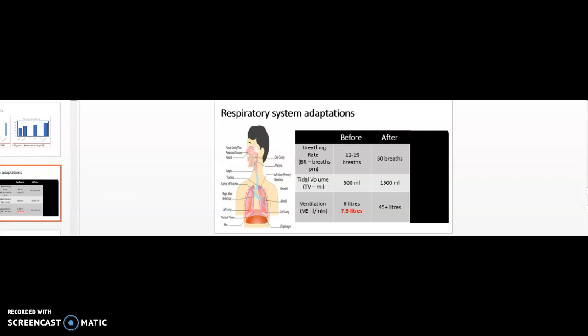Moreover, the alveoli will also display adaptations due to this type of exercise, as they will become larger in surface area. This will therefore have the effect of allowing more gas exchange to take place more efficiently. This means that the blood can be provided with significant amounts of oxygen with less breaths, also causing a decrease in breathing rate.